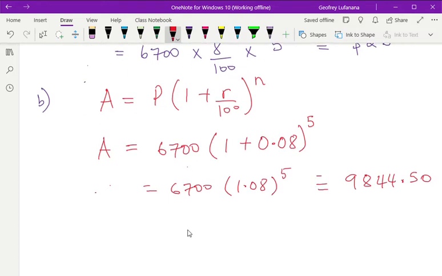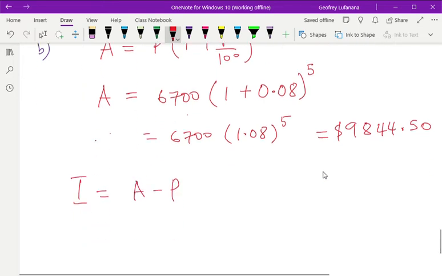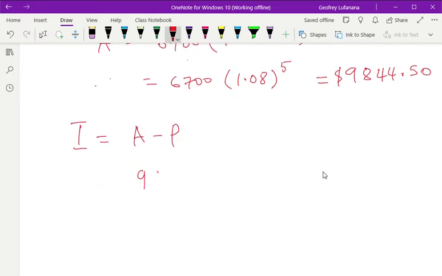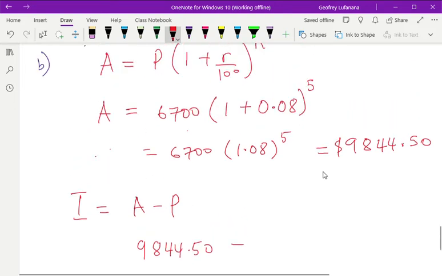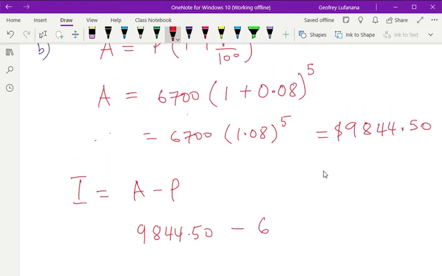Okay, so this is our amount, meaning that our interest is going to be amount minus principal. So that is 9,844.50 minus the principal, which is 6,700, and that is going to give us 3,144.50.